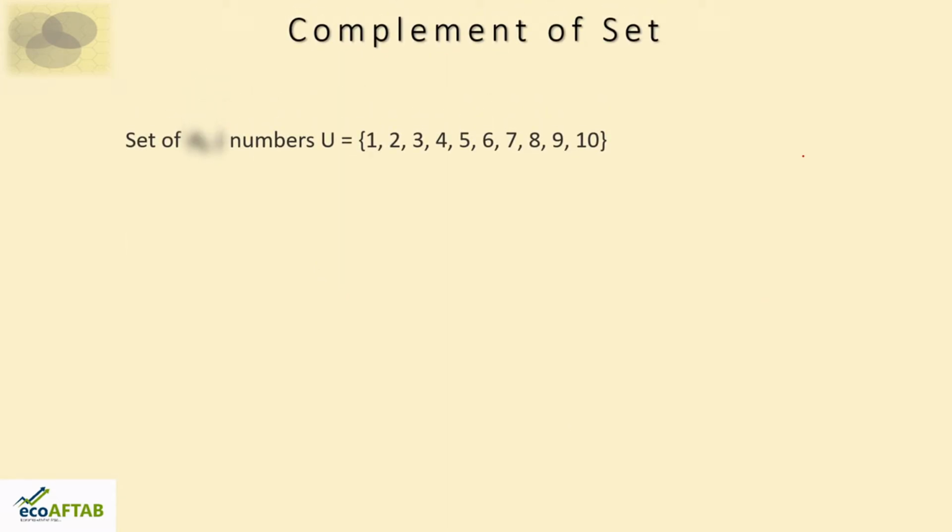Let us say the set of numbers U is equal to 1, 2, 3, 4, 5, 6, 7, 8, 9. Let us say this is the universal set, and there is another set, the set of even numbers, A is 2, 4, 6. Now, what is the complement of set A?